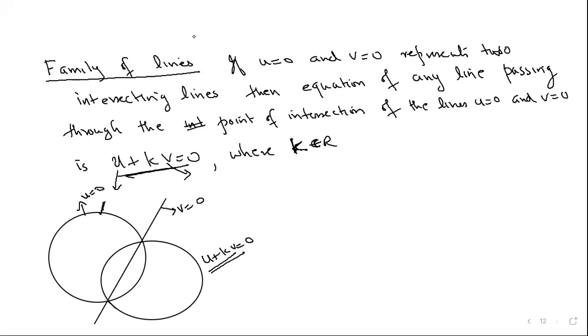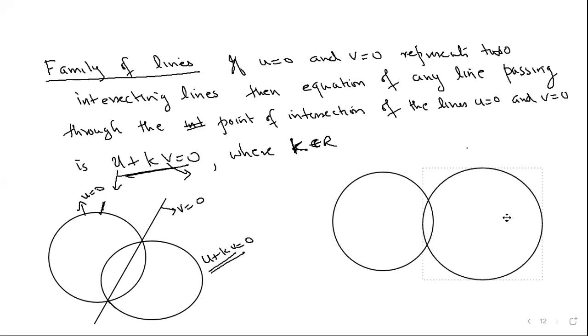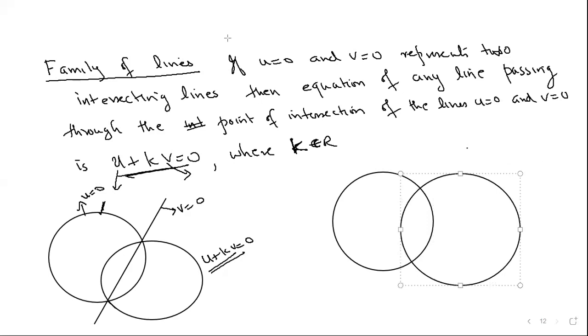Imagine I have two circles, and I have a third circle passing through their intersection. Imagine like this. Can you understand?